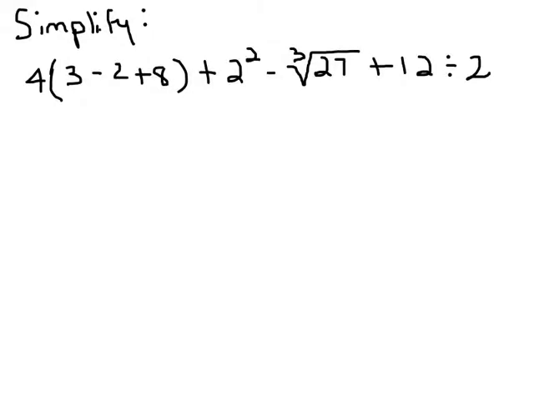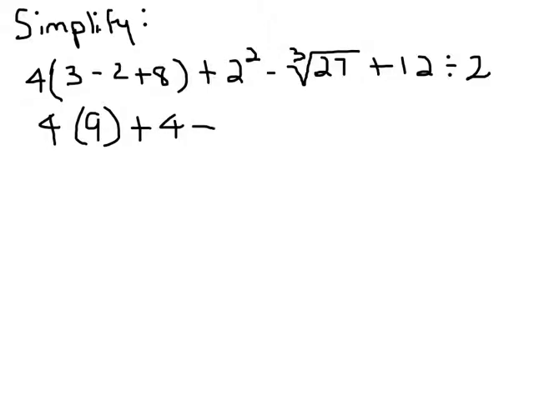Alright, so let's take that knowledge of exponents and roots and simplify some expressions. Remember, it's very important to follow our order of operations. So we're going to do what's inside the parentheses first. We have 3 minus 2 is 1, plus 8 is 9. 2 squared is 4.